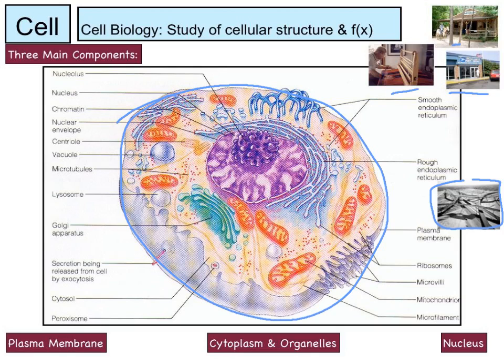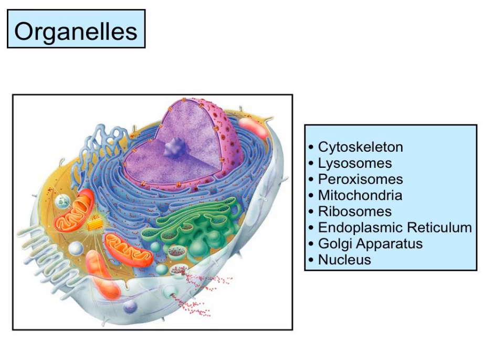We're going to see that within our cell, there's those same functions that need to be achieved in order for any particular cell to thrive. So let's look at those organelles. The organelles that we'll be talking about today include our cytoskeleton, our lysosomes, peroxisomes, mitochondria, ribosomes, endoplasmic reticulum, the Golgi apparatus, and then finally the nucleus.